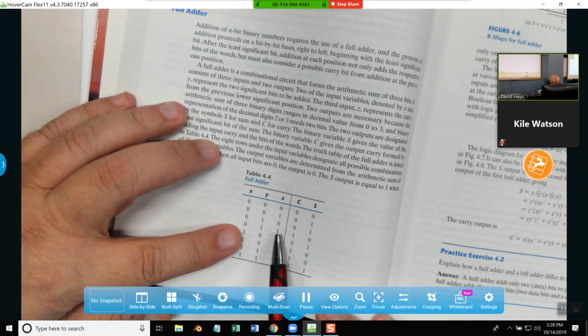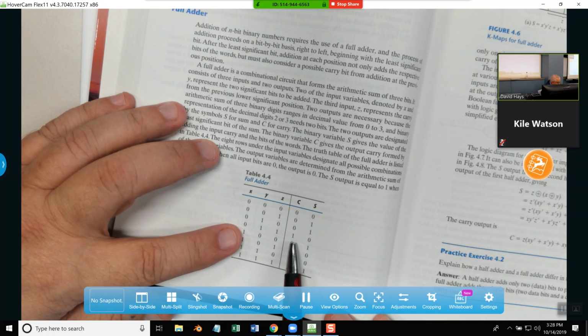Next one's 1, 0, 0, which is a 1 there. Next one is 1, 1, 1, which should be right there. So these are where S is equal to 1. Now, at this point, you can't pair any of these together, so you just have 4 separate terms.